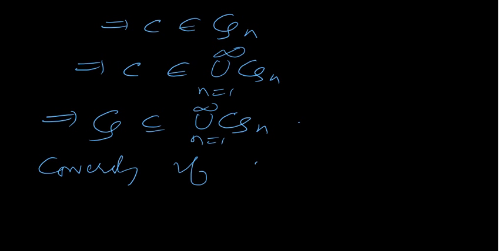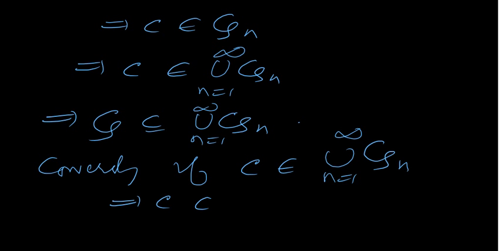Conversely, if C belongs to the union of cursive Cn, n running from 1 to infinity, that means this C belongs to Cn for some n. And if C is in cursive Cn, then by definition C belongs to cursive C. This is the definition of Cn.